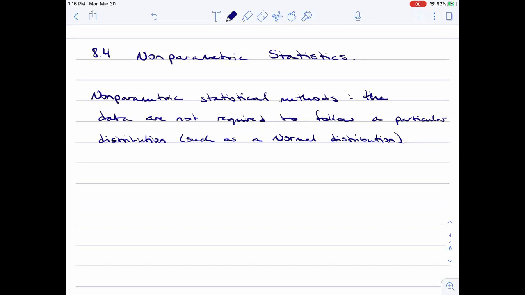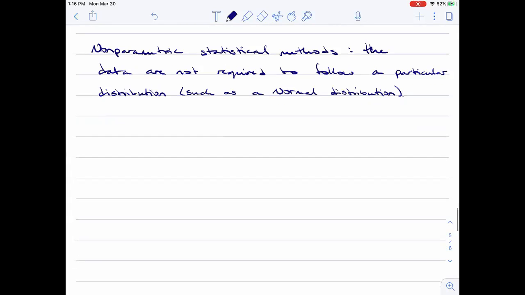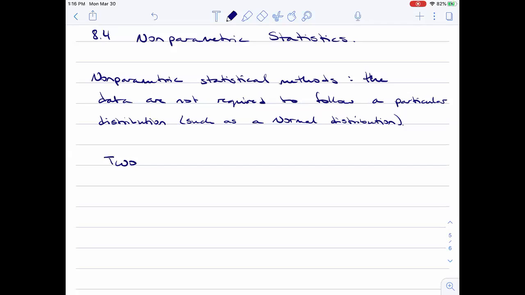We'll first talk about a two-sample non-parametric procedure, and there are others, but this I would say is the most common one. And then we'll extend it to multiple samples, so basically going from a two-sample t-test to an ANOVA, but in non-parametric situations.